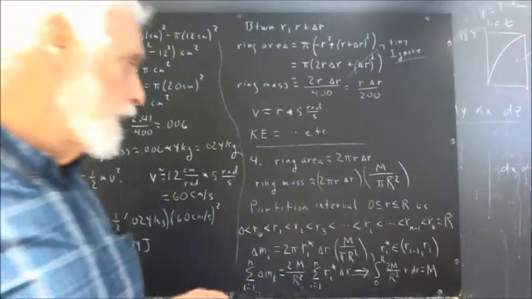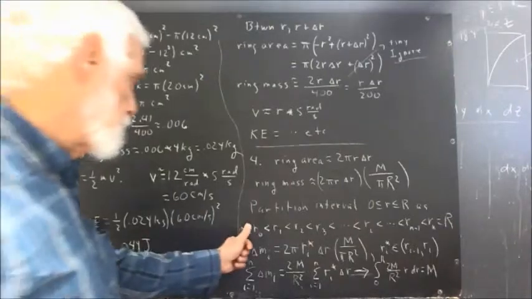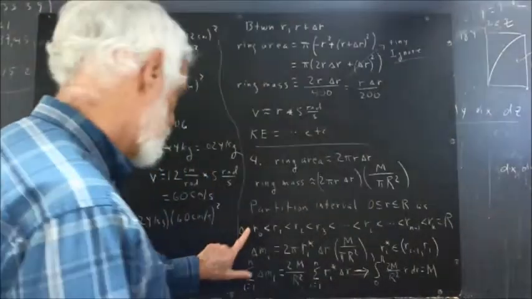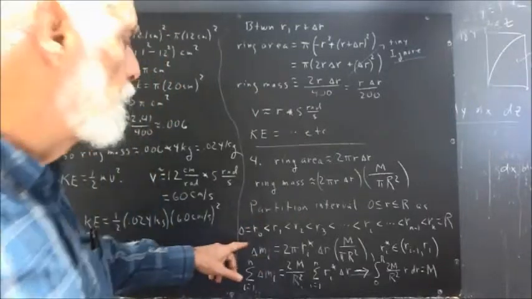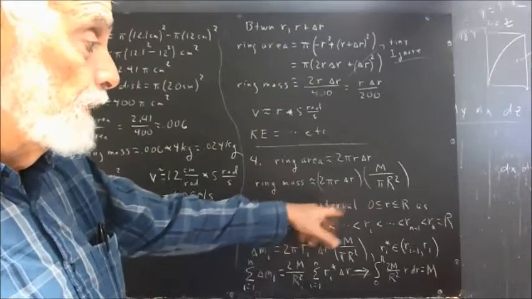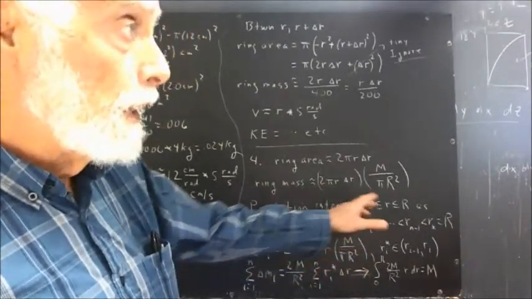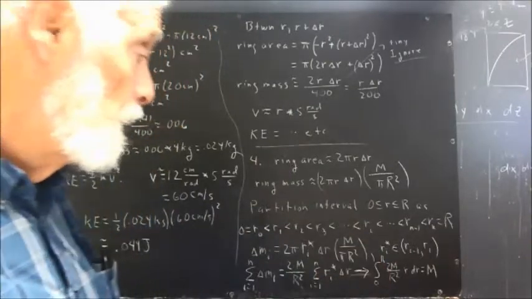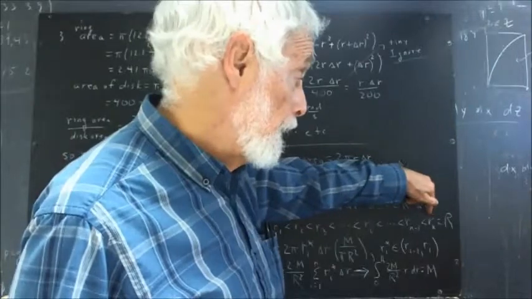We partition that as 0 equals R naught, then that's less than R1, less than R2, and so on. You've got an Ri in the middle here. I probably should have put an Ri minus 1 and an Ri in there. It's not incorrect, though. And we have Rn minus 1, Rn, and Rn equals big R.